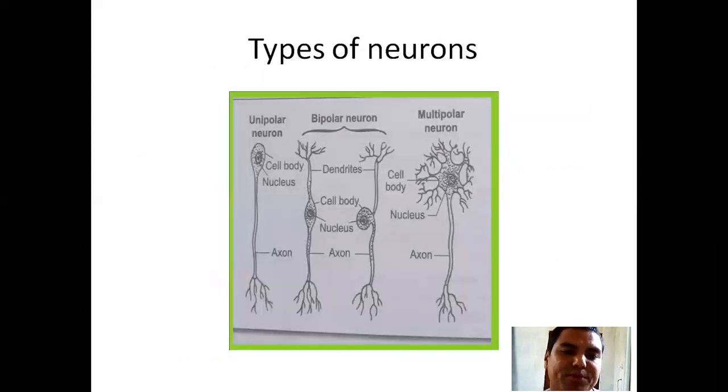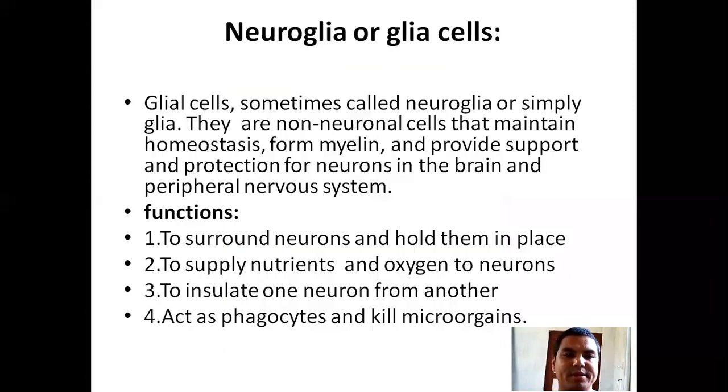Here is a figure of a unipolar neuron, which consists of a single axon. A bipolar neuron consists of a double axon, and a multipolar neuron consists of numerous axons with many dendrites. Here are the dendrites, you can see here, please.